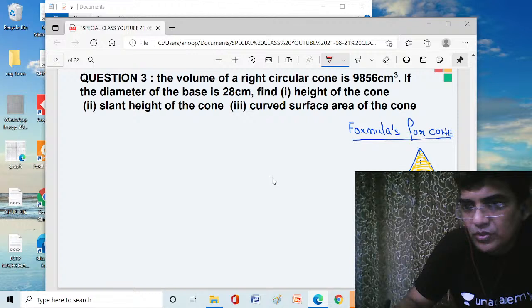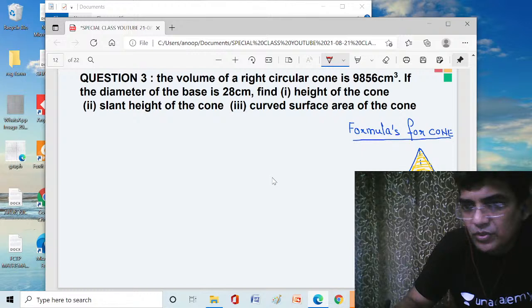So curved surface area is pi r l, circular is pi r square. This formula can be further arranged by taking pi r common, so you will be left with l plus r. This is the formula for the total surface area.